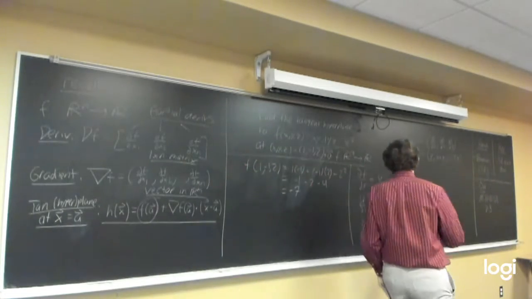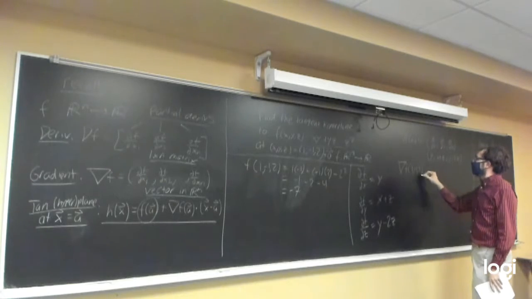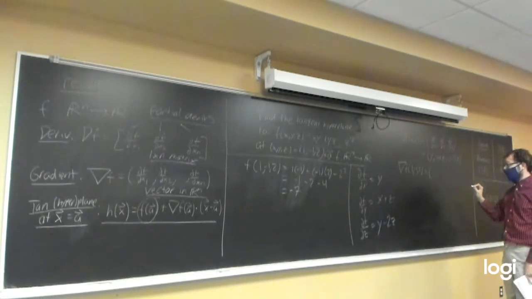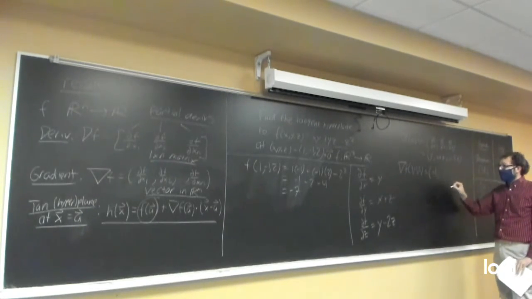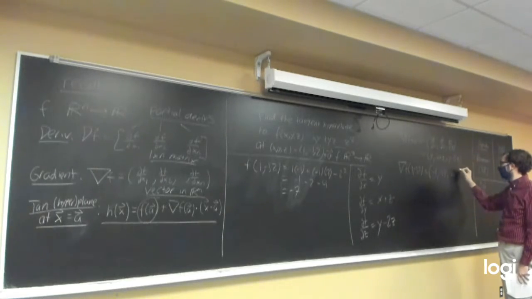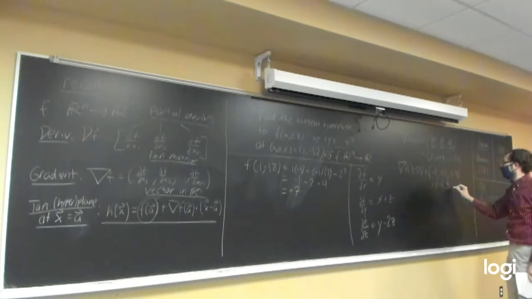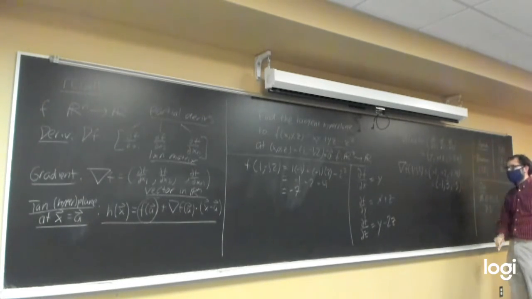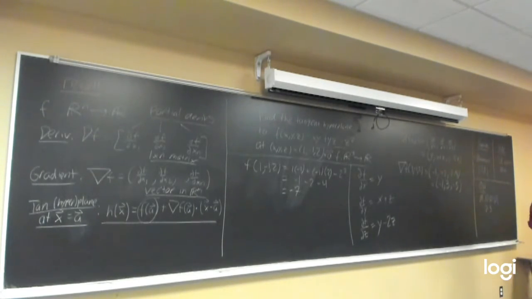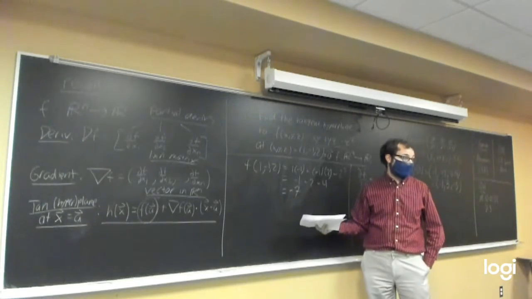And so if we do that, we'll end up with the gradient of f evaluated at 1, negative 1, 2 is going to be y-coordinate of that point, so negative 1, x plus z, 1 plus 2, y minus 2z, negative 1 minus 2 times 2 is 4. If we simplify, will give us negative 1, comma 3, comma negative 5. And then I think that's going to be everything we need. We have f of a, that's this negative 7 value we found.